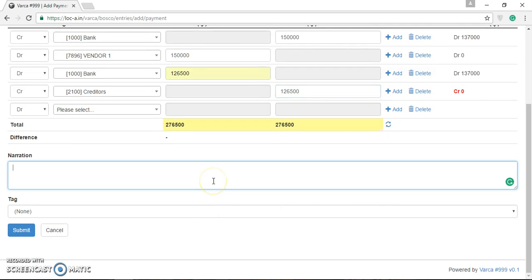Narration: purchased from vendor 1 and borrowed from creditor.